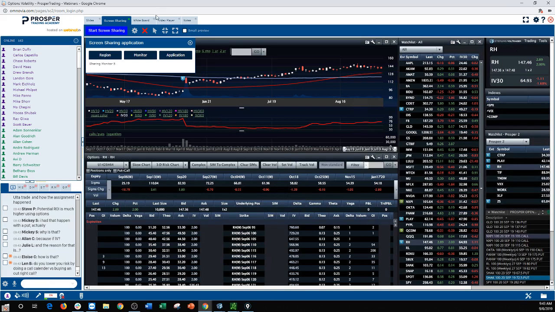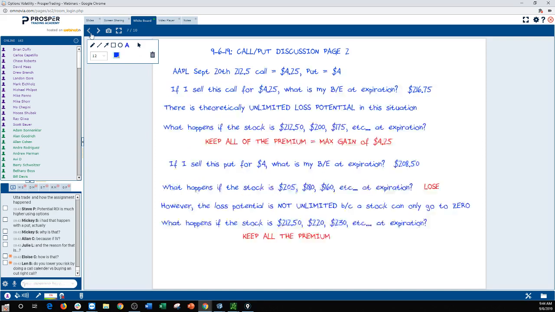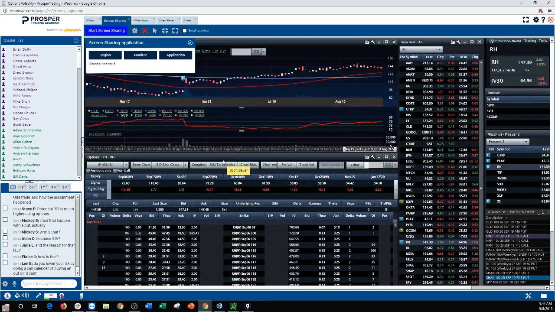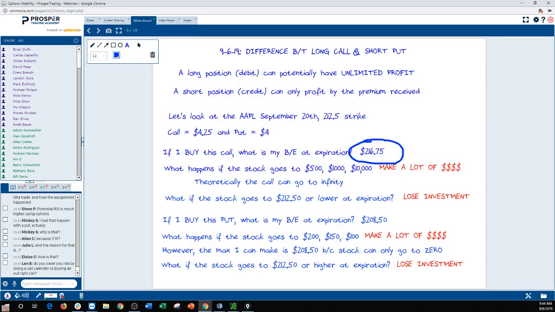Well, here, guys, go back to page 1 of our explanation. If I buy this call that we talked about, we said that my break even at expiration on the call is 216.75. What happens if the stock goes to 216 at expiration?